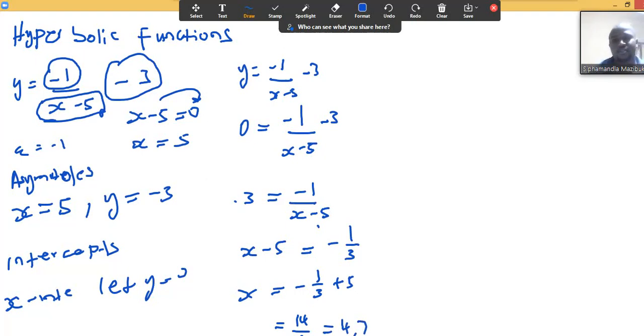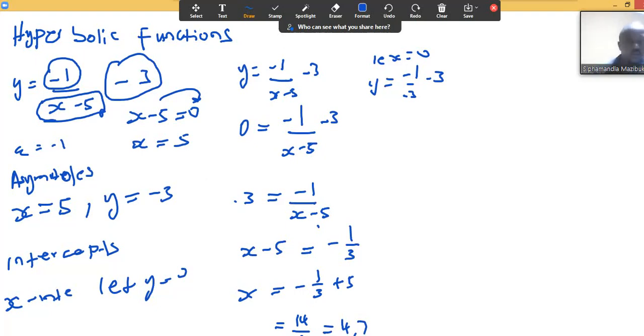Okay, so let's look at the other intercept, which is the y-intercept. We let x equal to 0 to find the y-intercept. So if x is 0, we just have y equal to -1 over -5, minus 3. So this is the case where we will have this as a positive, and then we also have -3.